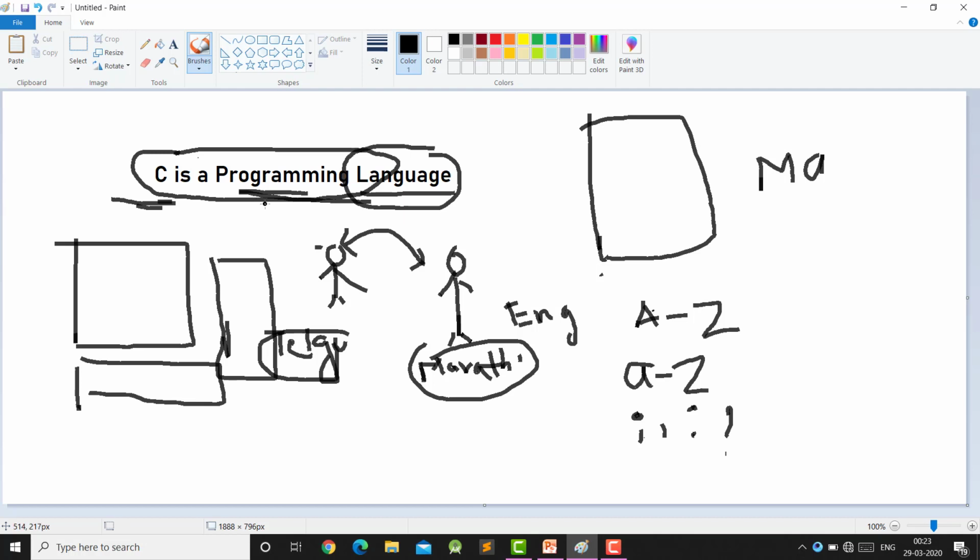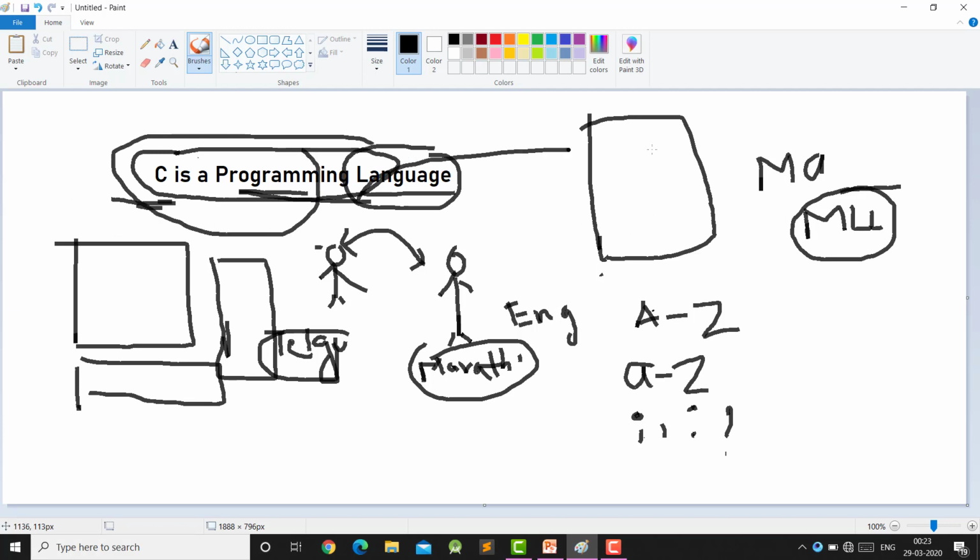So we require a translator to convert C programming language into machine level language, and for us to understand it, machine level language back into C programming language.